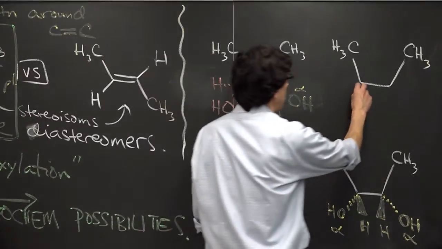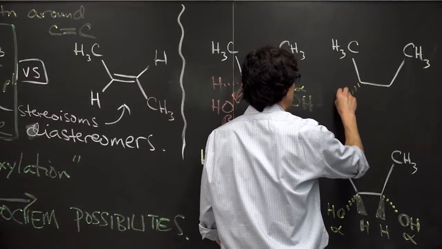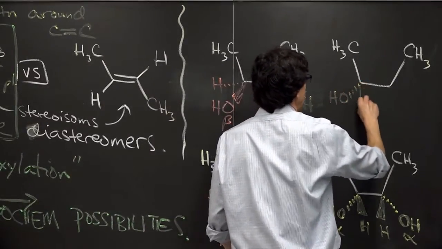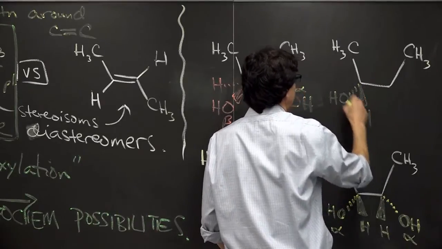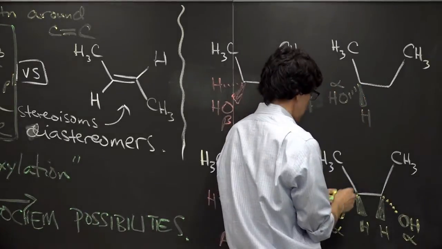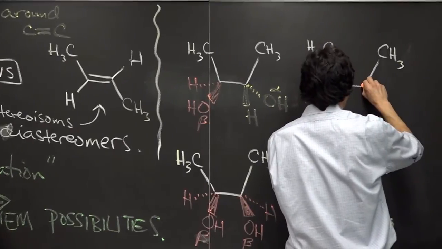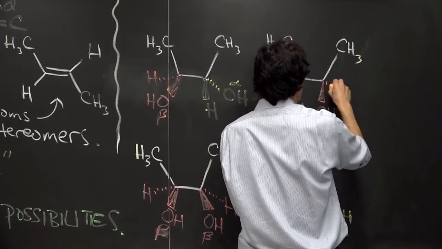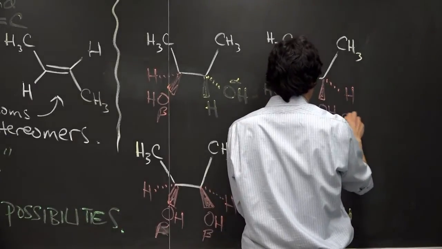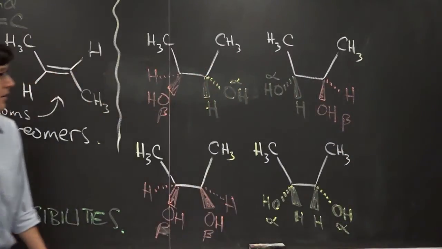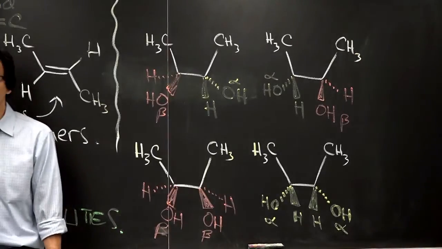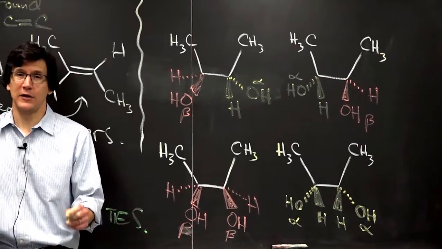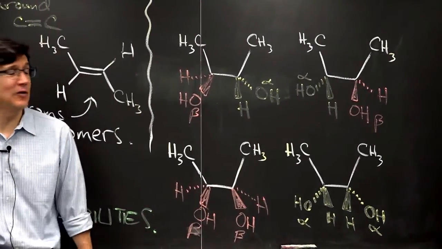If at this carbon the OH had come from the back, I would have something that looks like this. So here's an alpha OH. And then over here I would have a beta OH and the hydrogen back. Okay, so these are the 4, well, maybe apparently 4 different ways of doing this.